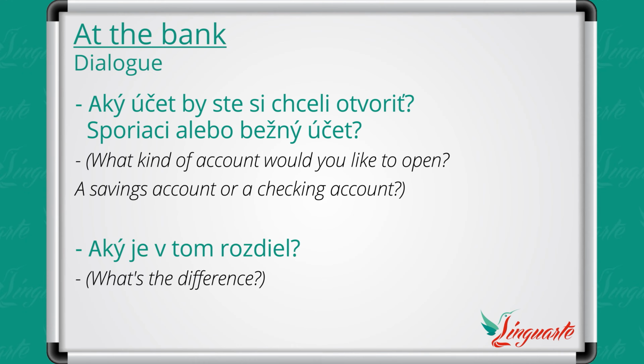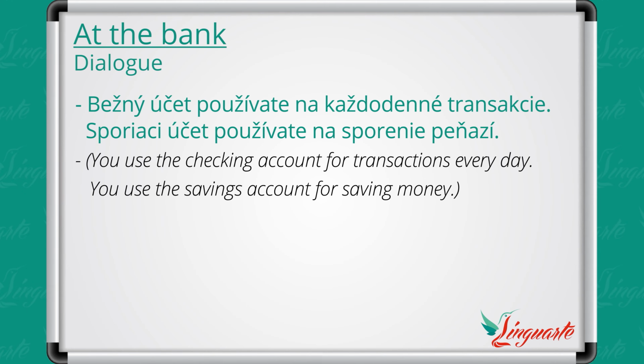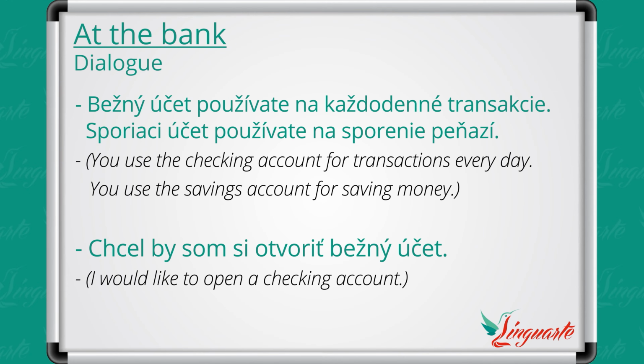Zákazník. Aký je v tom rozdiel? Customer. What's the difference? Úradník. Bežný účet používate na každodenné transakcie. Sporiaci účet používate na sporenie peňazí. Clerk. You use the savings account for saving money. Zákazník. Chcel by som si otvoriť bežný účet.